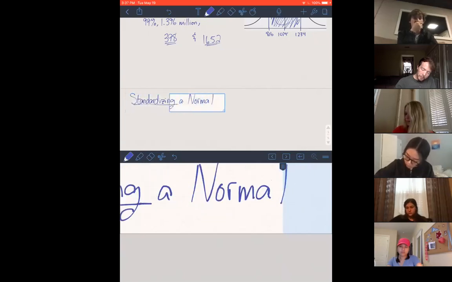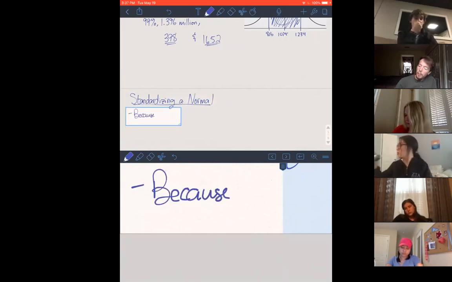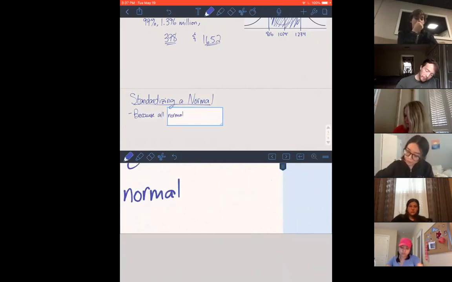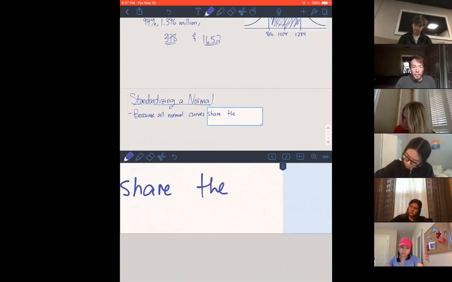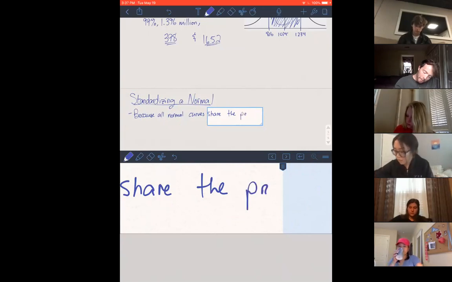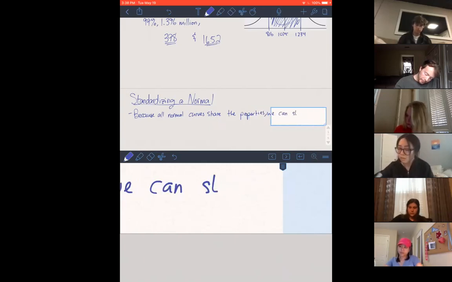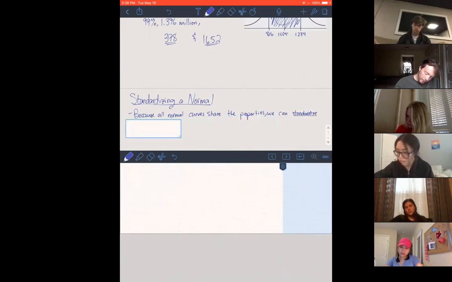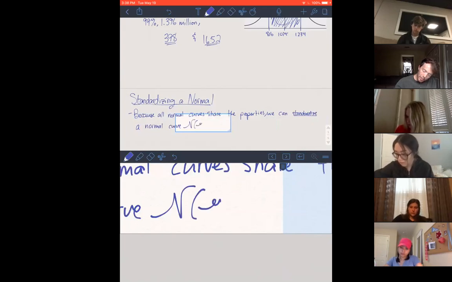Standardizing normal. Because all normal curves share the same properties, that's symmetric, unimodal, centered at the mean, with inflection points a standard deviation above and below the mean, we can standardize a normal curve, which the shorthand is normal centered at mu with a standard deviation of sigma.